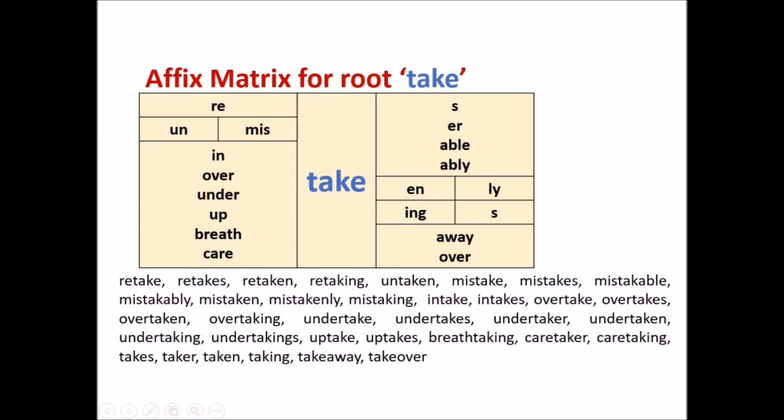Retake, retakes, retaken, retaking, undertaken, mistake, mistakes, mistakable, mistakably, mistaken, mistakenly, mistaking, intake, intakes, overtake, overtakes, overtaken, overtaking, undertake, undertakes, undertaker, undertaken, undertaking, undertakings, uptake, uptakes, breathtaking, caretaker, caretaking, takes, taker, taken, taking, take away, take over.